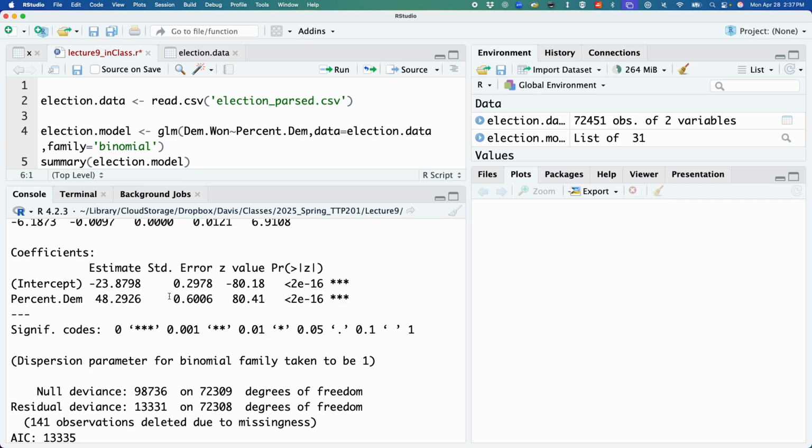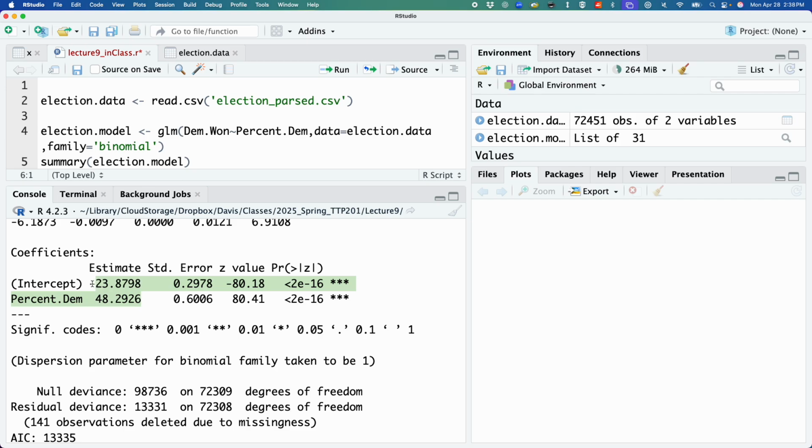With this, I can say both of the variables, the intercept and percentage Democrat, are statistically significant. All right, so who wants to interpret this for me? Anyone? They're probably not zero. Yeah, they're probably not zero, but specifically, what do these values represent?